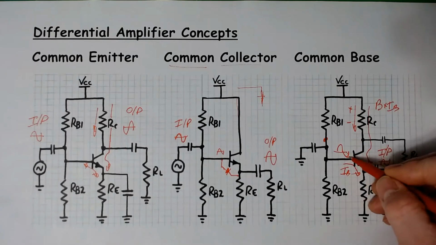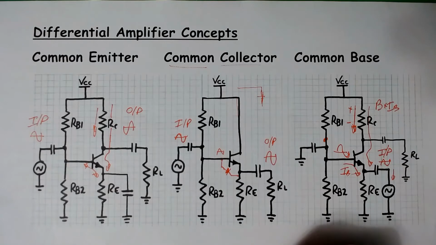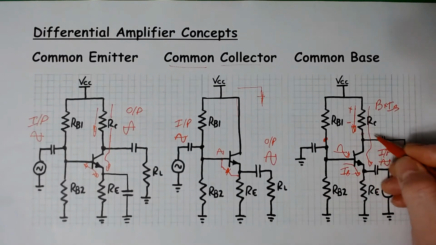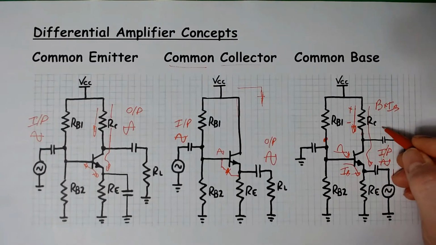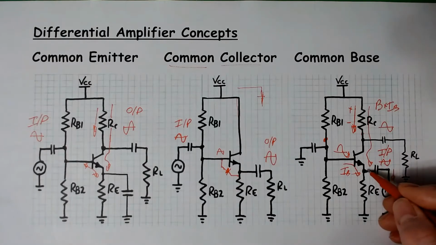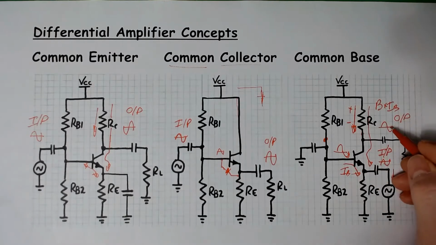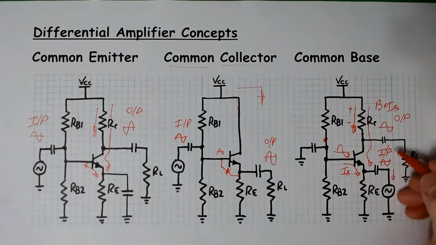And when I pull this down, I will get a larger current going through the collector resistor, which means that the voltage on this point will also go down. So if I apply an input to the emitter in a common base circuit, I take my output off of the collector and it is in phase with the input.